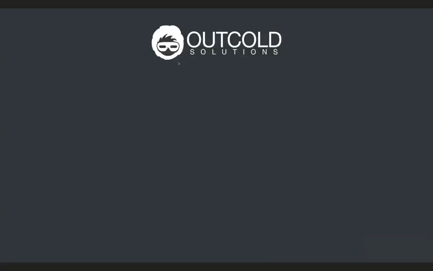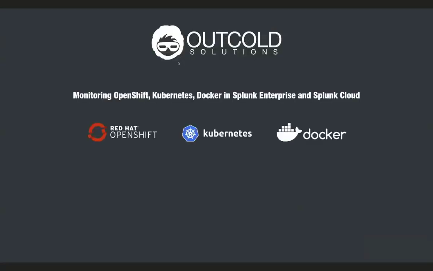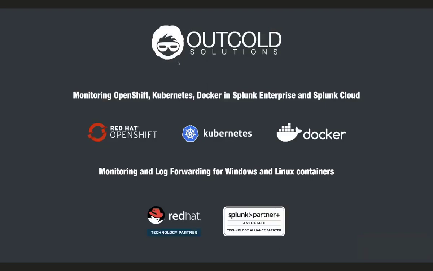OutCloud Solutions provides monitoring solutions for OpenShift, Kubernetes, Docker, Splunk Enterprise, and Splunk Cloud. We provide the solution for Windows and Linux containers as well. We are proud to say that we are Red Hat technology partners and at the same time Splunk technology partners.